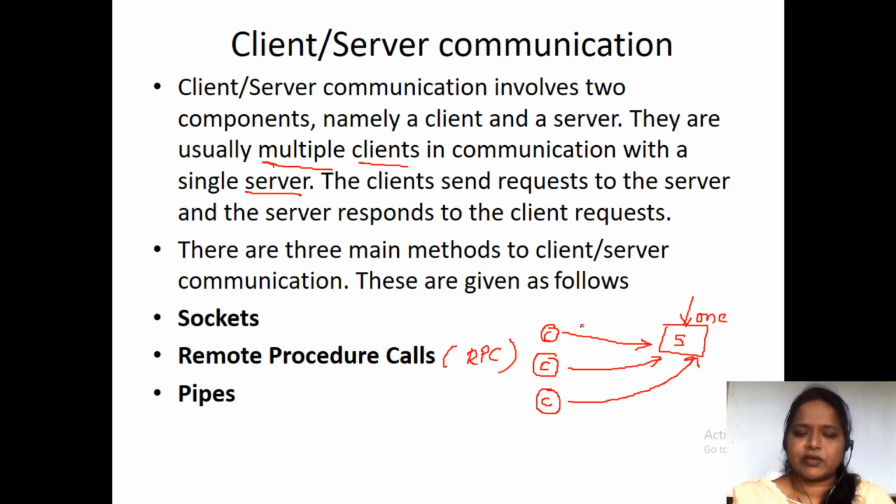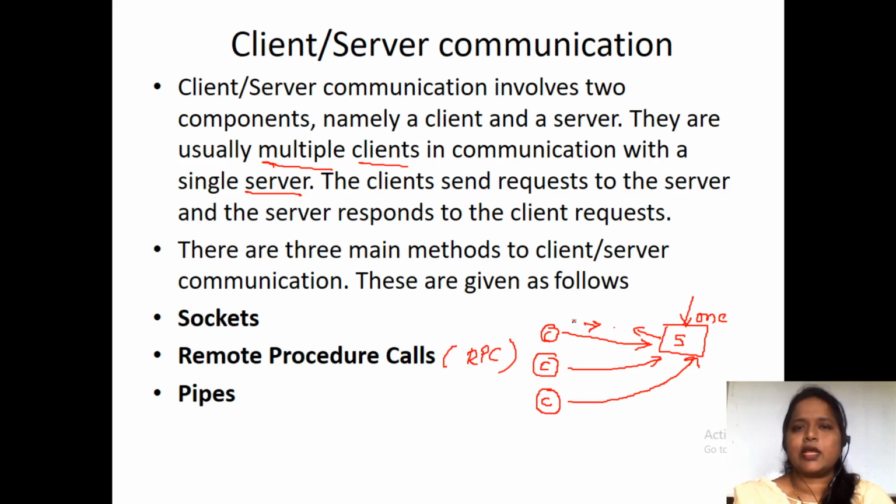If some information has been asked by client one, the server is going to send a related response to what client one needed. So this is how client-server communication is done. The client asks for some information from the server, and the server provides services to the client. This is the main concept of client-server communication.